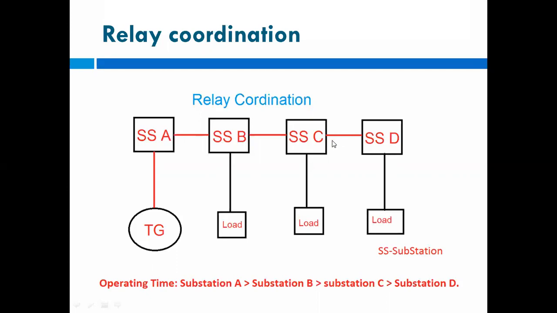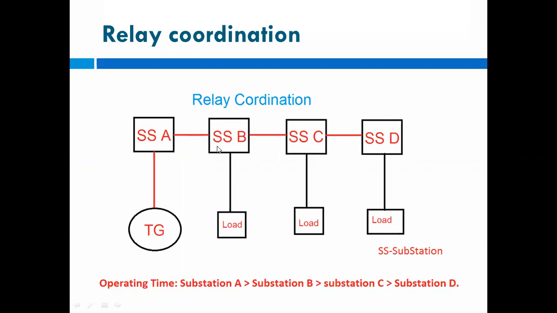A tripping of protective relay in a sequence or order means here if any fault is occurring, suppose I consider that the fault is occurring between this substation C and D. Then this relay should operate first. If the relay between A and B is operating, we cannot say that there is a relay coordination.